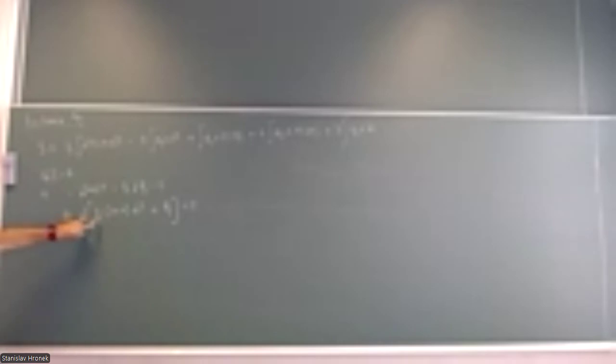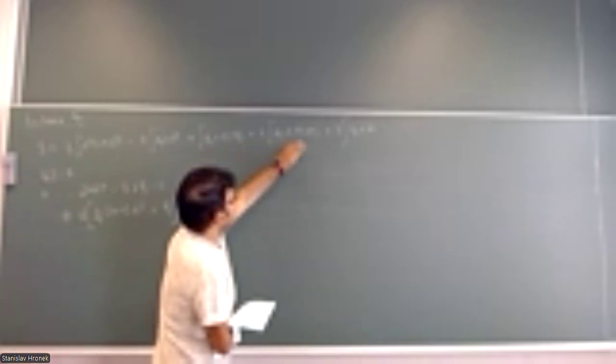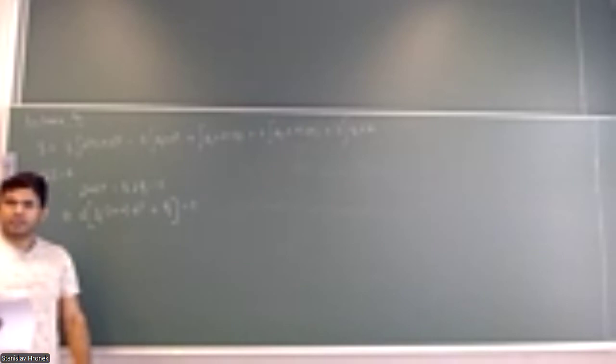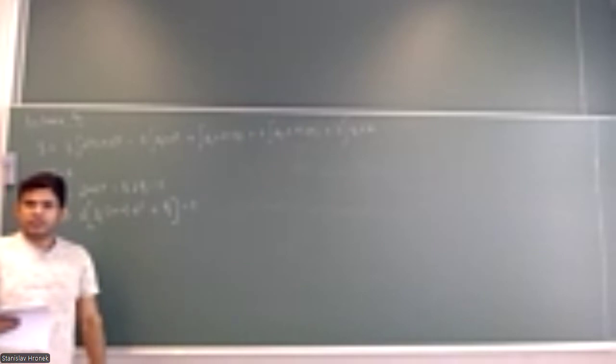Oh, and the two M's are the same. Sorry? The two M's are the same. There's no difference. It's just a map, to take it from something to the completely anti-self-dual version of that.